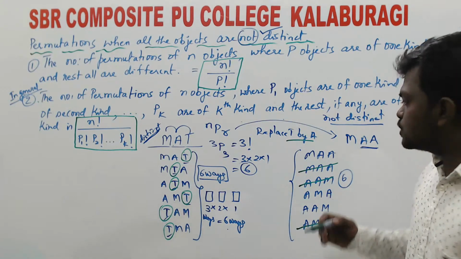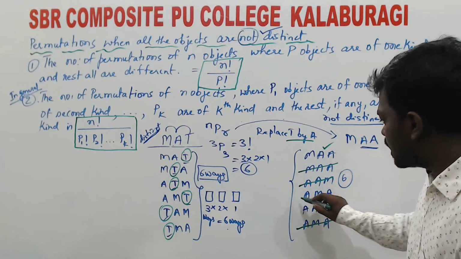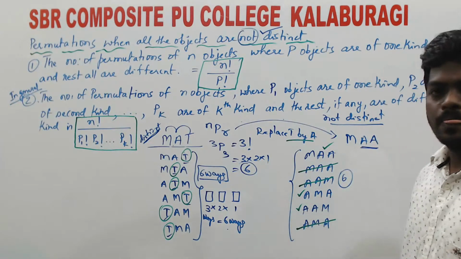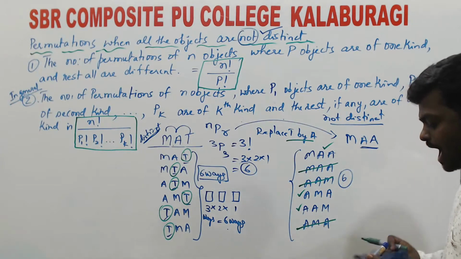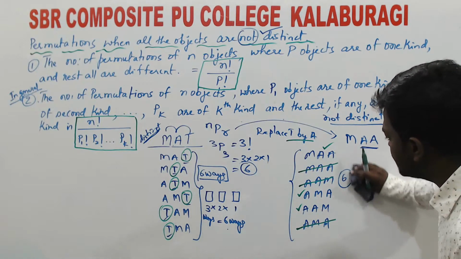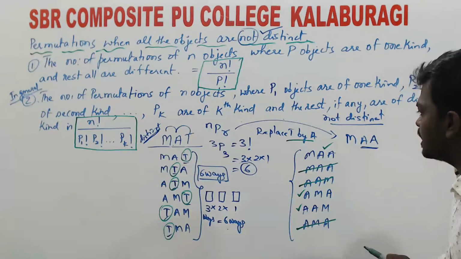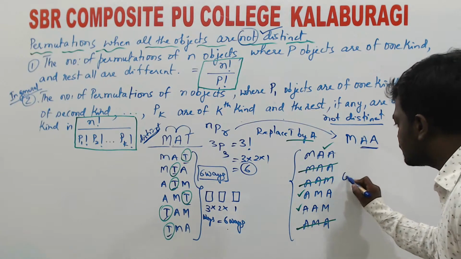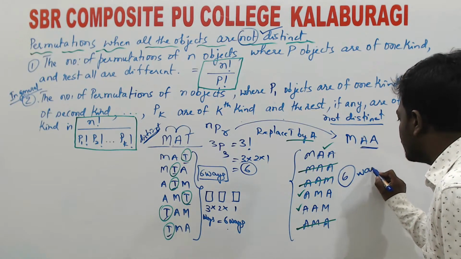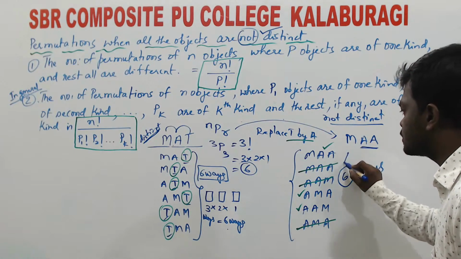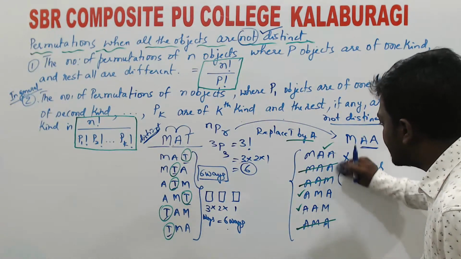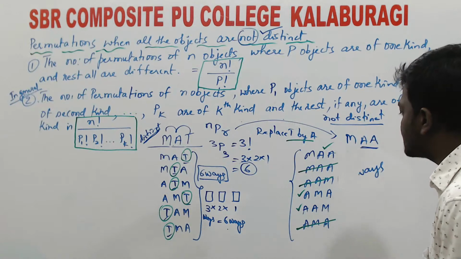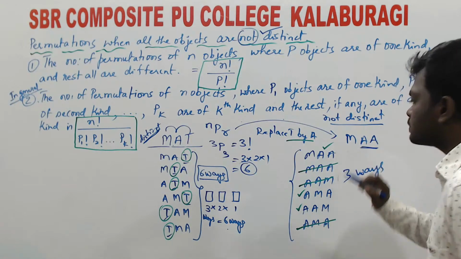So how many arrangements are we left with now? 1, 2, 3. Yes, students. So our arrangement is not 6 here in case of not distinct objects. The arrangements are 3.